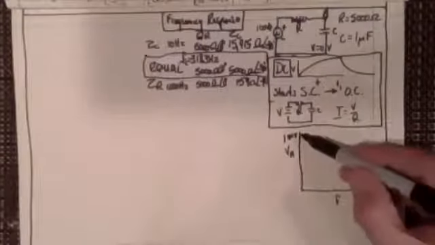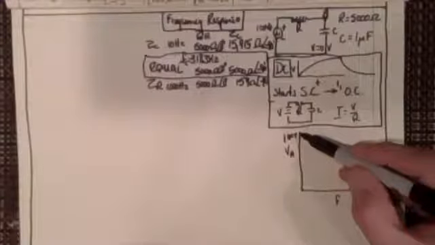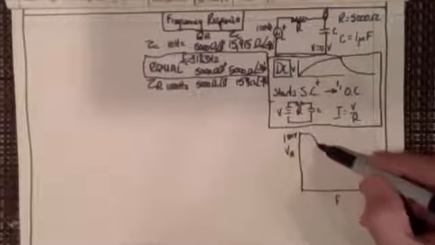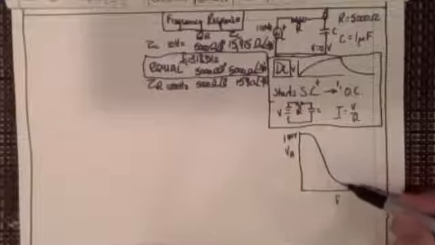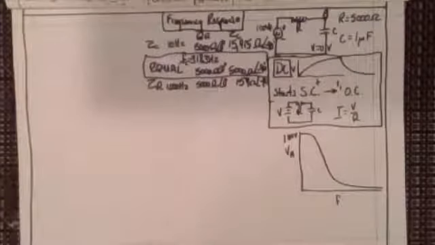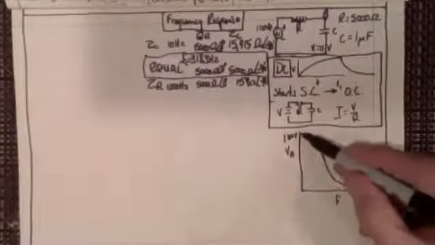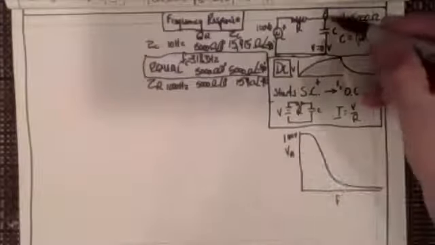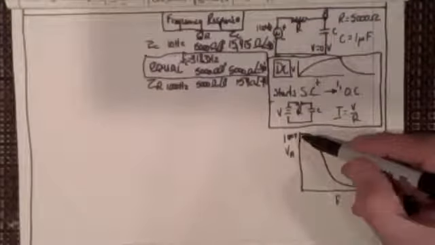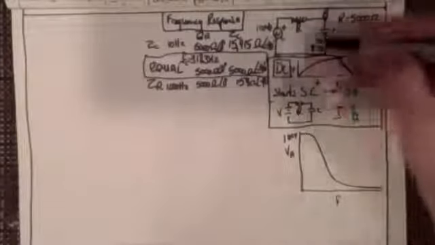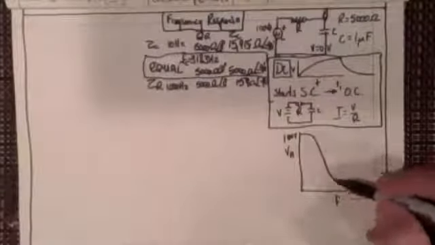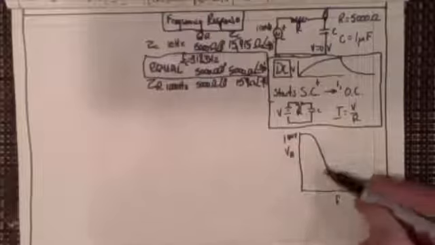So it would start off with 100 volts, and it would look like this. Right? So the voltage at A would start very close to the 100 volts, and then it would drop off very quickly as we go further and further away.